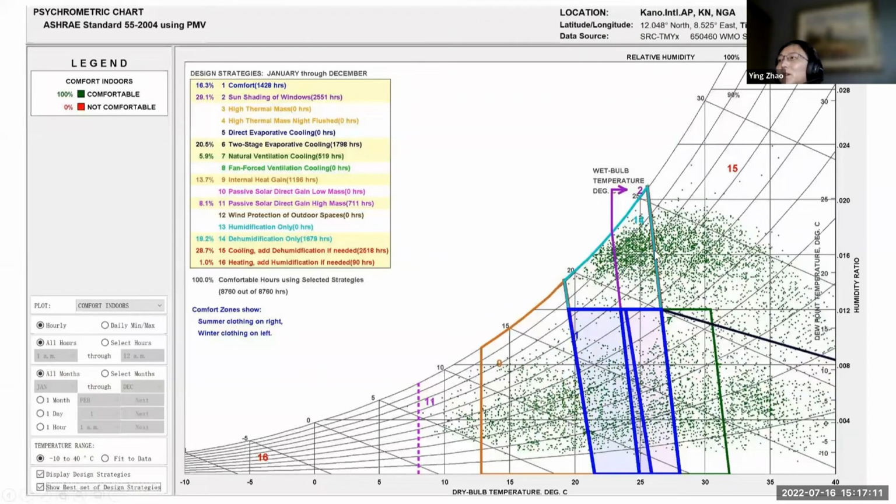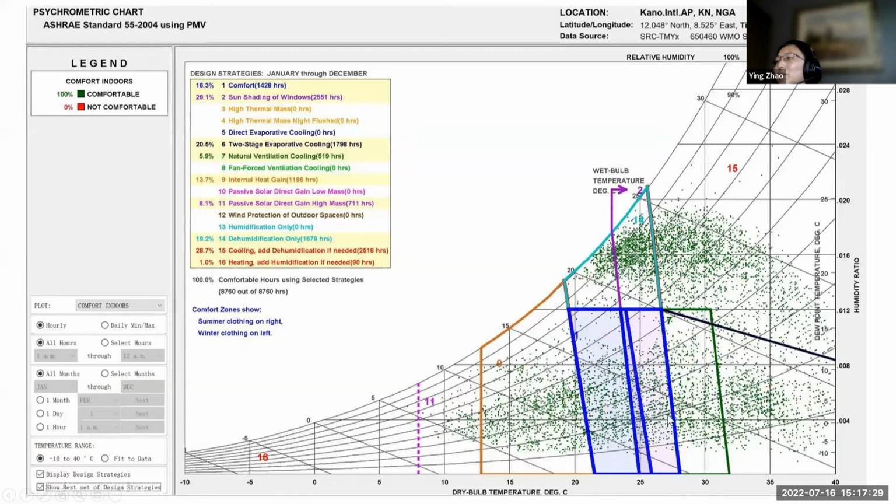You can see the chart that shows half of the hours are in the hot and humid area, but a lot of it is in the hot and dry, because the humidity curve is pretty low.